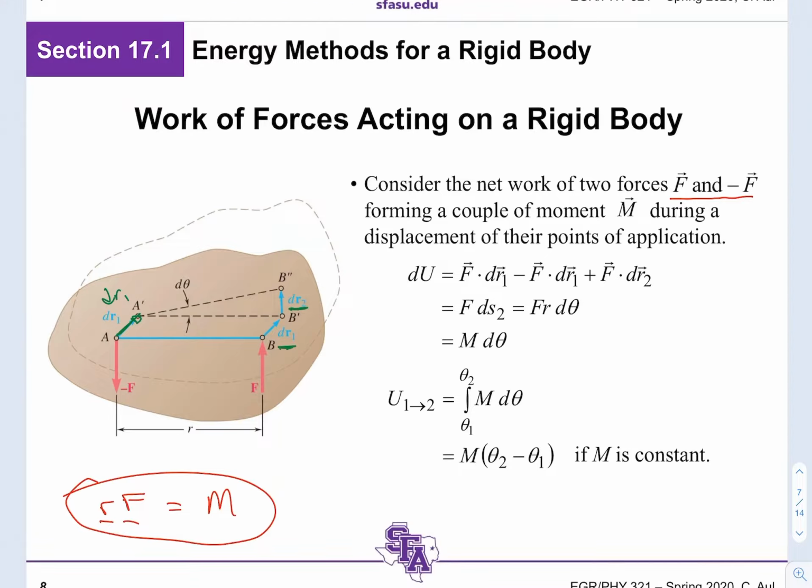We can break that down into the two components seen here. We superpose dr1 and then add a little change that comes from the rotation. So there's going to be some direct translation, and then there's going to be some rotation of this body.